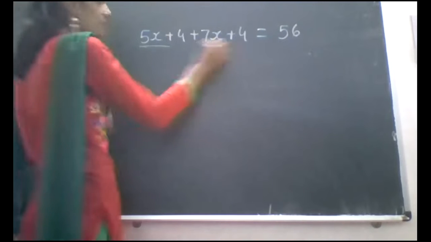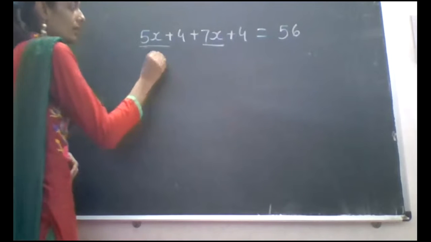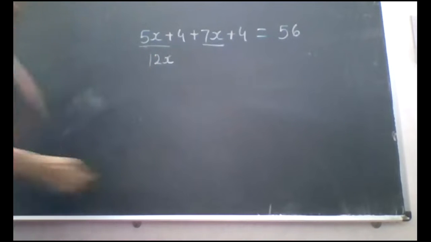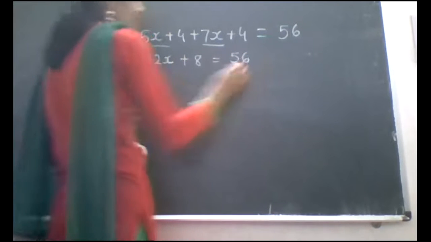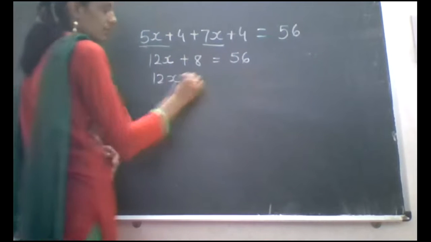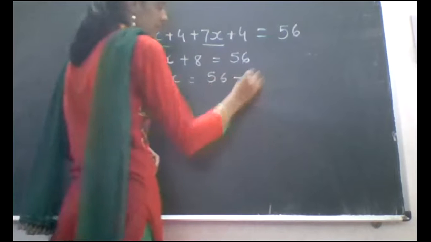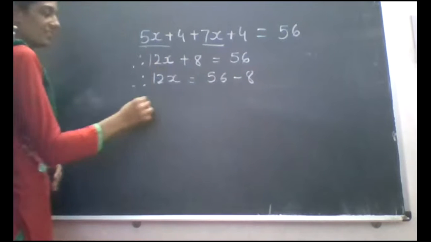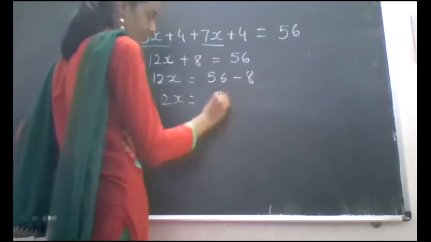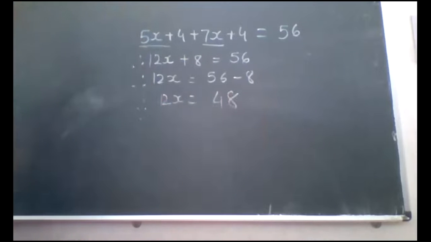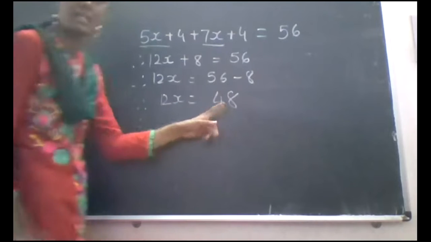Now 5x plus 7x is 12x, and 4 plus 4 is 8. So 12x plus 8 is equal to 56. 12x is equal to 56 minus 8, which is 48.